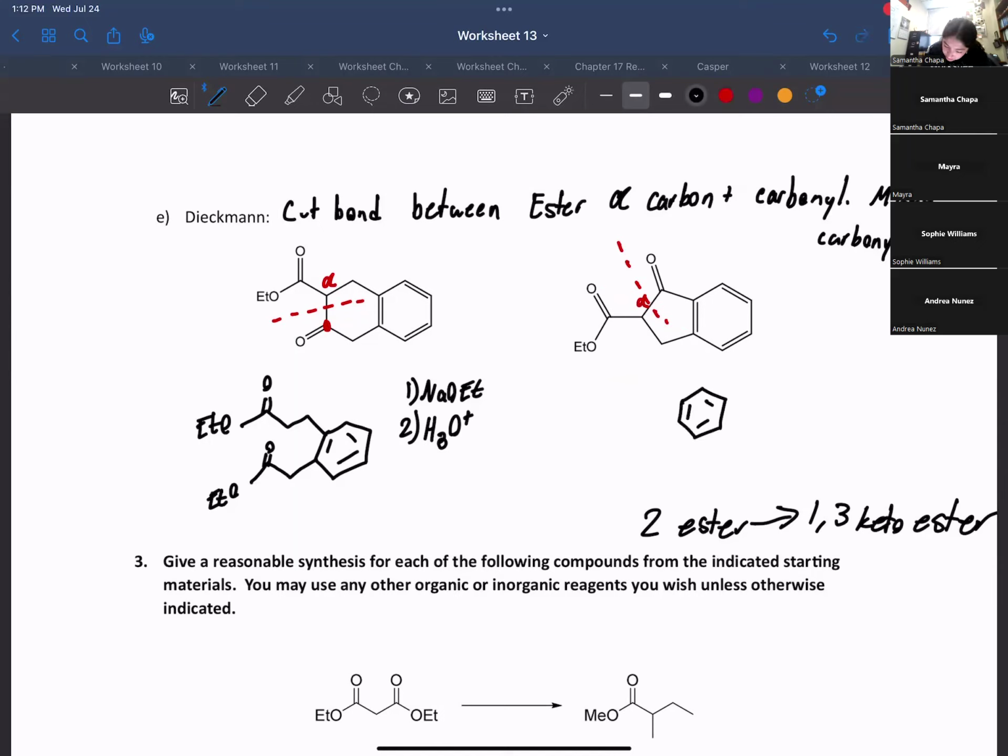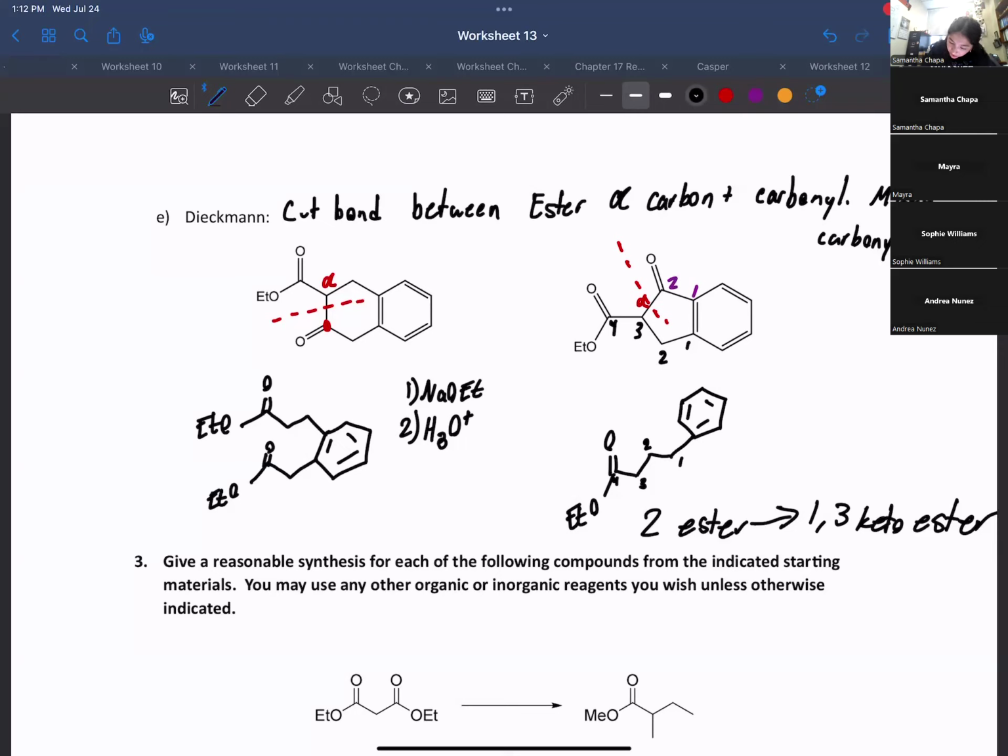Let's see. 1, 2, 3, 4. So 4 has our original ester. And then the top group, again, you can number it however you want as long as it helps you. 1, 2.